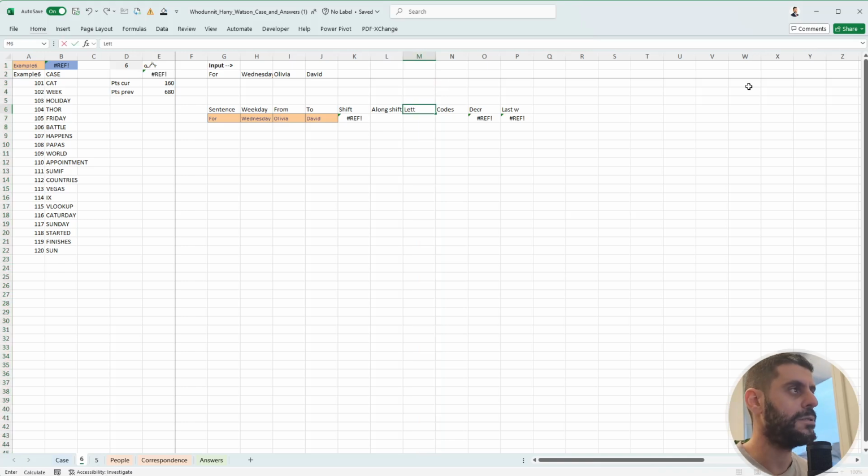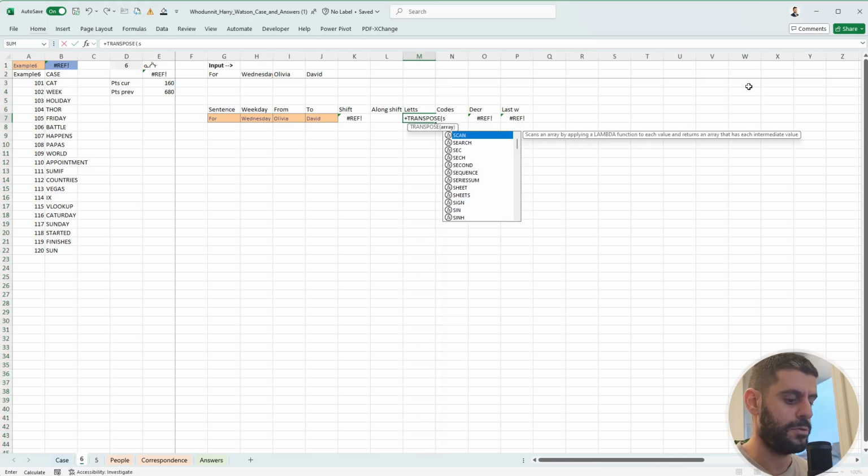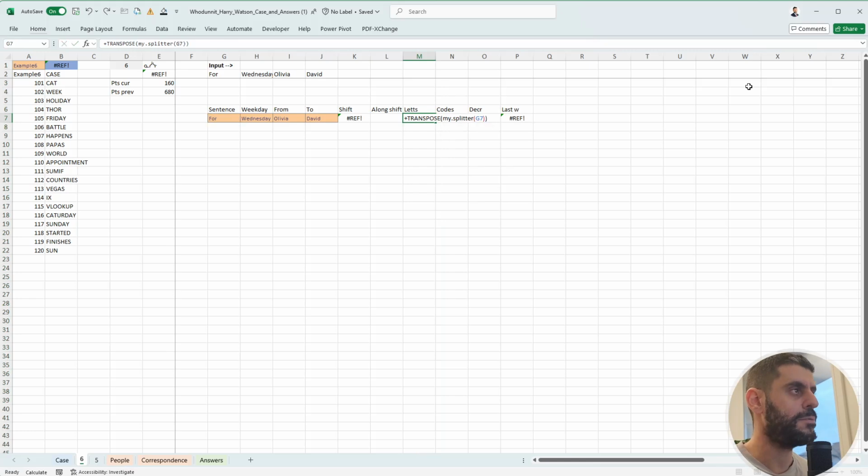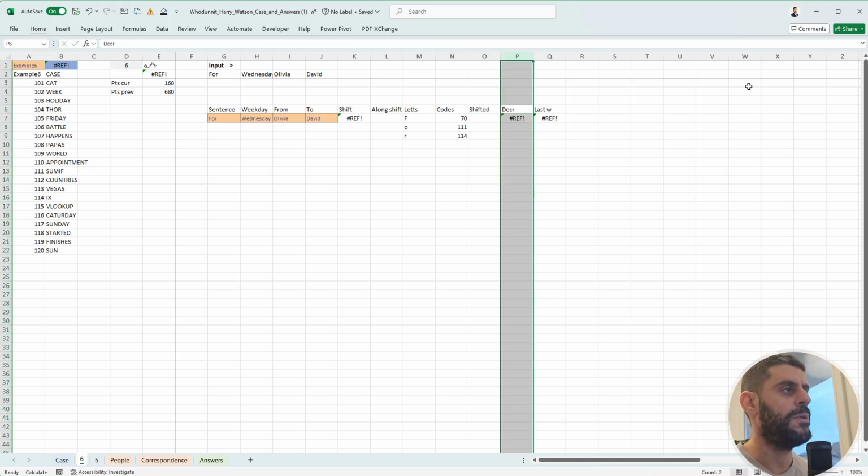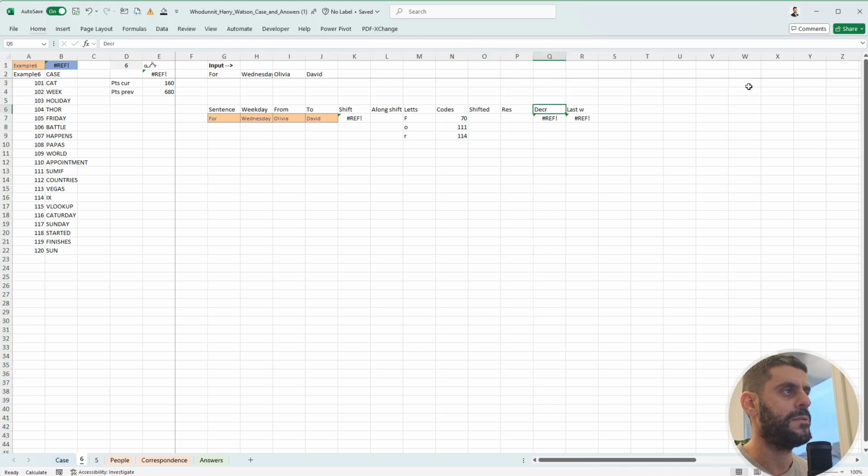before the letters. So transpose, splitting the first one. I think here we are using Unicodes of this. Okay. And we will have the shifted codes. We will have the results here.